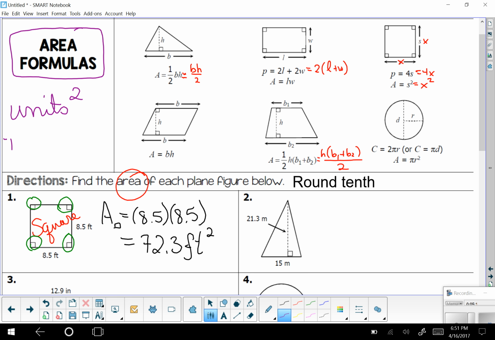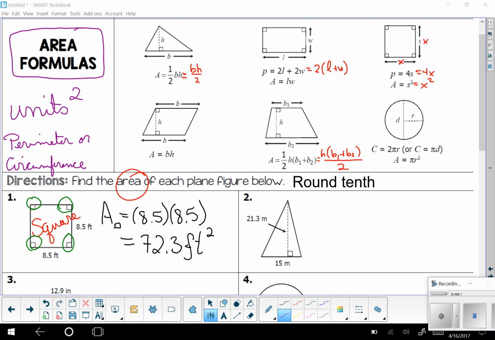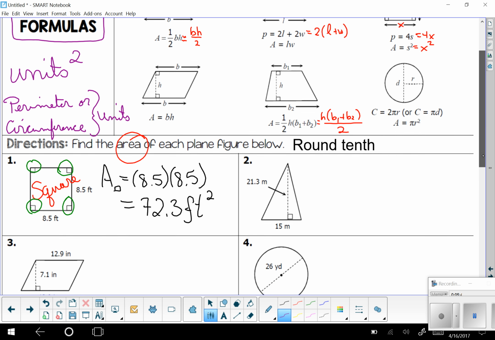If it's perimeter or circumference, let's back up here for a second. Okay, so perimeter or circumference, that's just going to be units. Sorry, I forgot to turn on the recording.